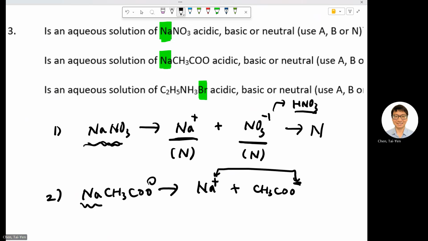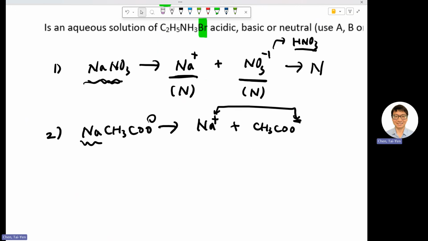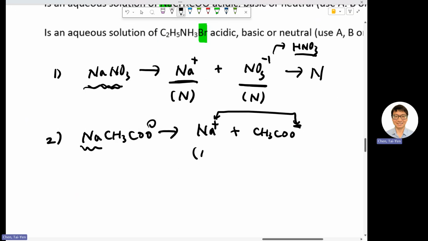Once you have your cation and anion, you make another judgment. Sodium, again, is part of your strong base, therefore neutral. CH3COO minus. Every time you see this minus, most of the time it is a base.